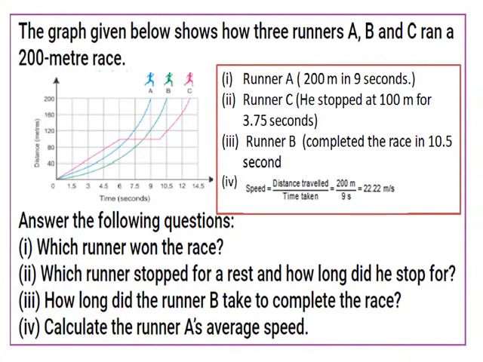Now let us see another question of the same kind which appeared in the board examination. The graph given below shows how three runners A, B and C ran a 200-meter race.